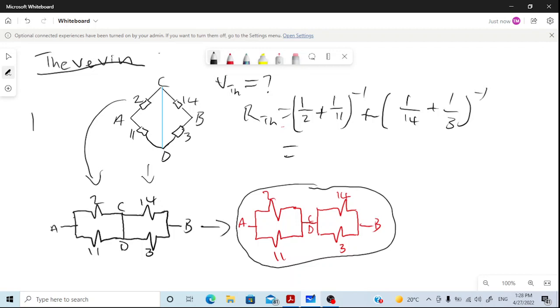You do the reciprocal of that. So let me take my calculator and check: 2 times 11 divided by 13, plus 3 times 14 divided by 17.